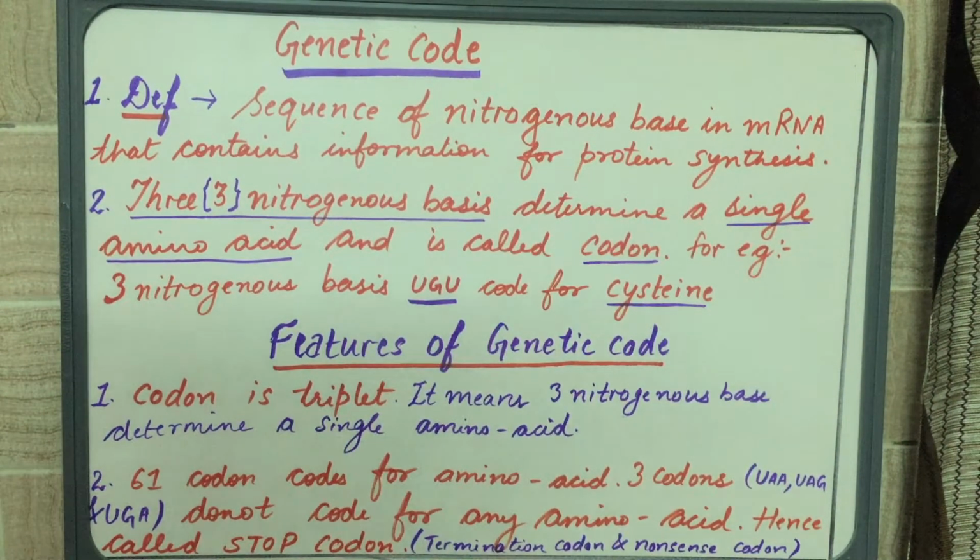Now let us look at features of genetic code. Codon is triplet. It means three nitrogenous bases form a single amino acid, as we have already done. There are 61 codons in total, out of which three codons that are UAA, UAG and UGA do not code for any amino acid.